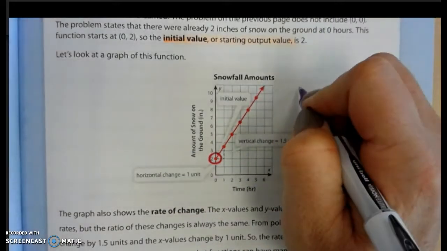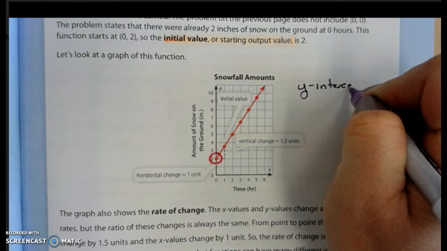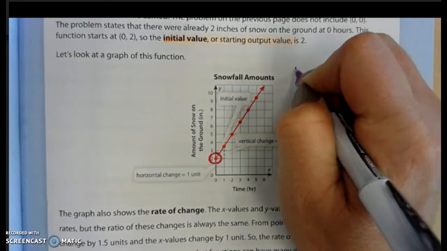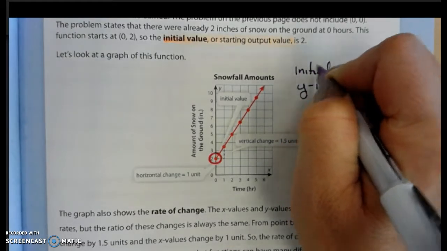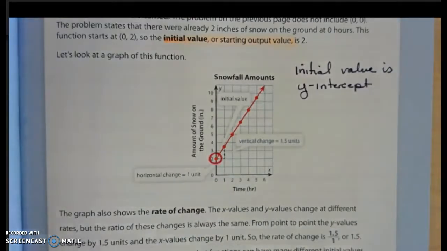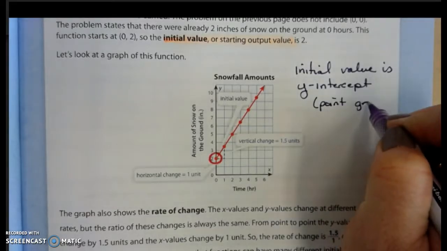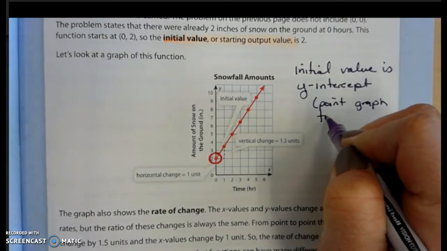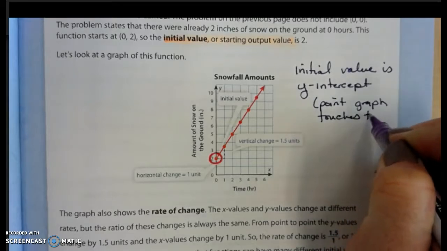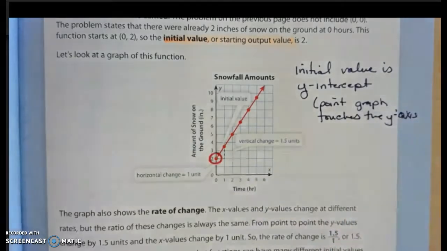So the initial value is called your y-intercept. The initial value is the y-intercept. It's the point the graph touches the y-axis. That's important.